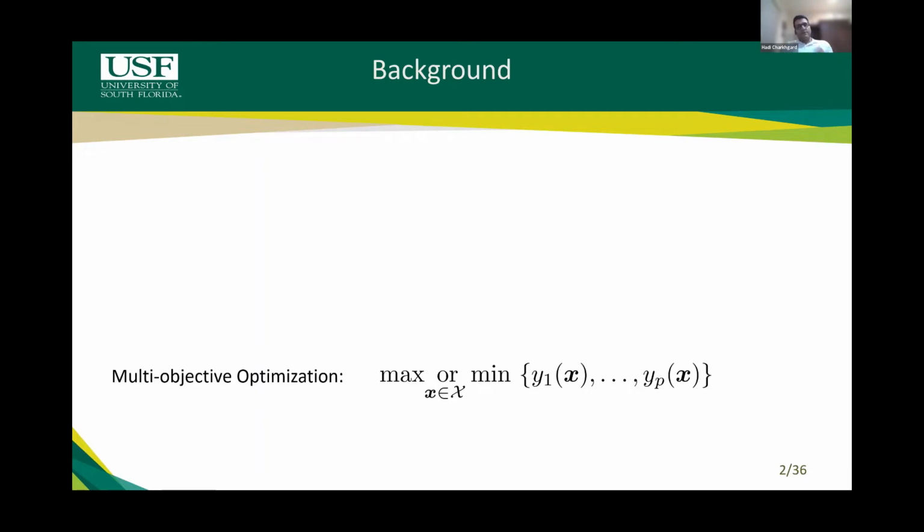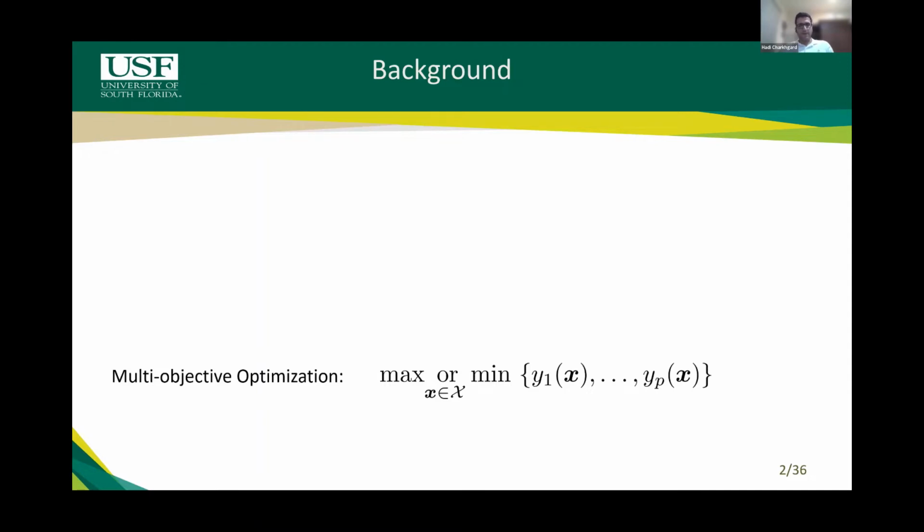Whenever we are talking about multi-objective optimization, we are dealing with p objective functions. Let's call them y1(x) to yp(x). These objective functions are typically conflicting, and we're trying to optimize them, maximize or minimize them, over a given feasible set.